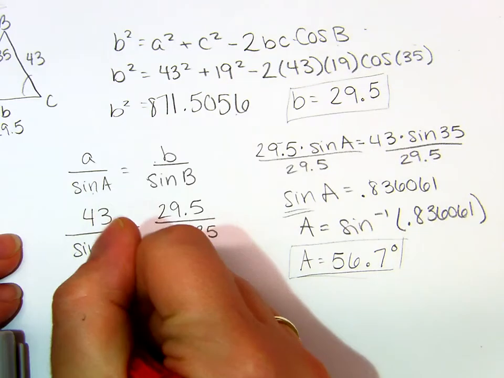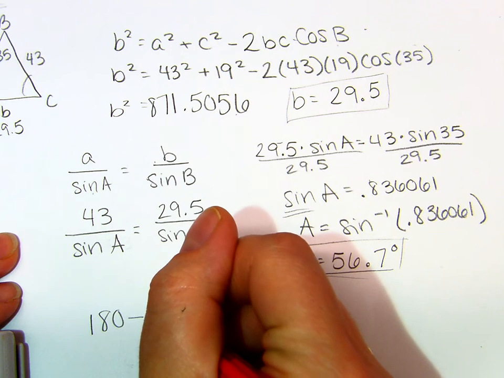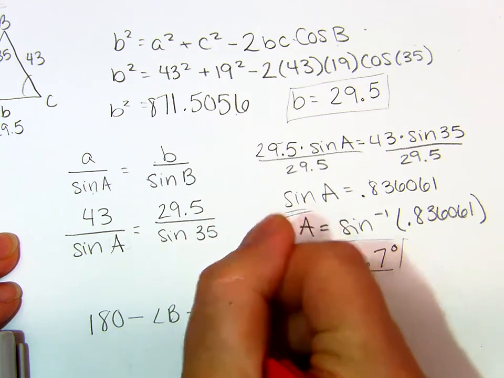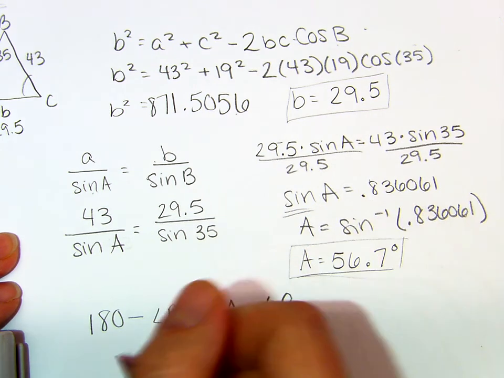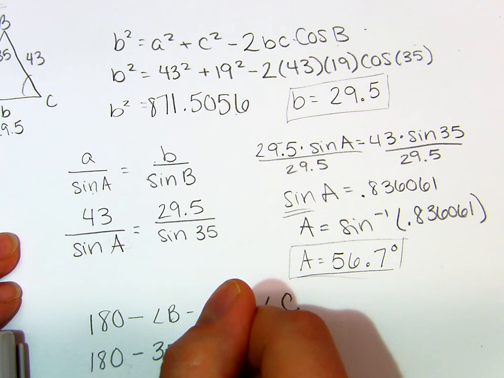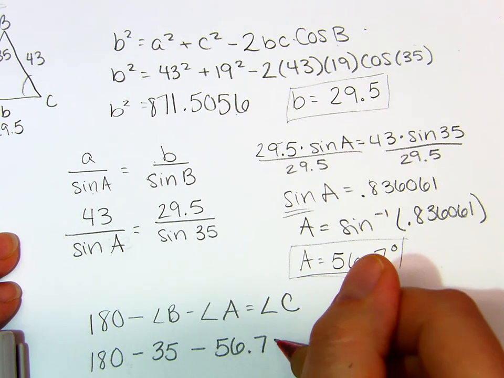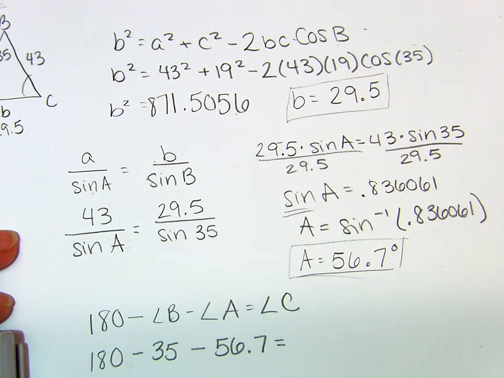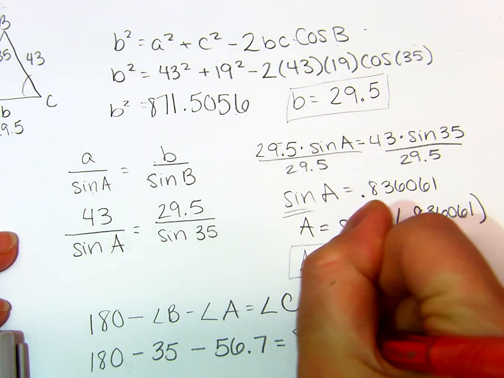And we know there's 180 degrees in a triangle, so 180 minus angle B minus angle A is going to give me angle C. So 180 minus 35 minus 56.7 is going to equal 88.3 degrees.